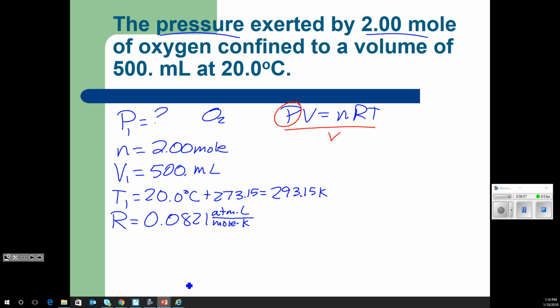I need to make sure all the units of everything I'm using are the same as the units on that R. So mole, yes. Milliliters, nope, it's liters. So I'm going to need to convert that. There's 1,000 milliliters in 1 liter, so it's 0.500 liters. Okay, temperature, Kelvin, temperature, Kelvin. So I'm good. Now all I have to do is rewrite the equation, solve for P, and then plug in.